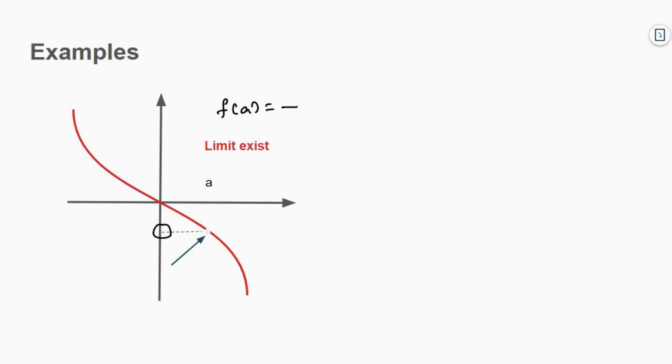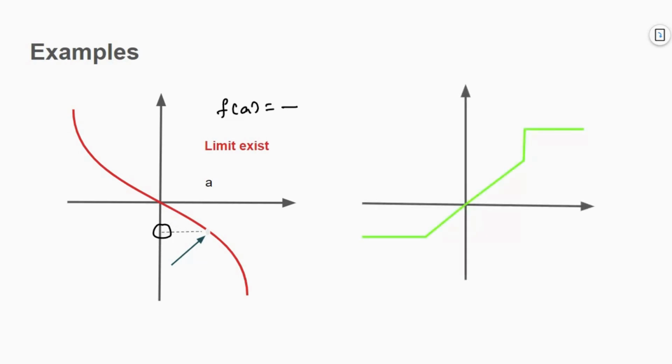Okay, fine. Now let's look at this curve and tell me, for this function at this point b, does the limit exist or not? If you see here, there is a sudden rise you can observe. You cannot tell a particular output value for this input point b, right? And the condition for existence of a limit is that the left hand limit should equal the right hand limit with a finite value.